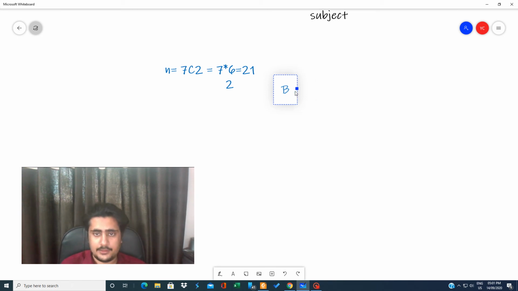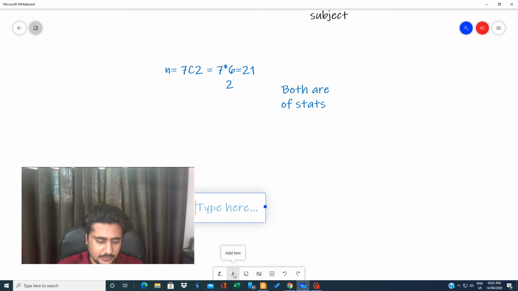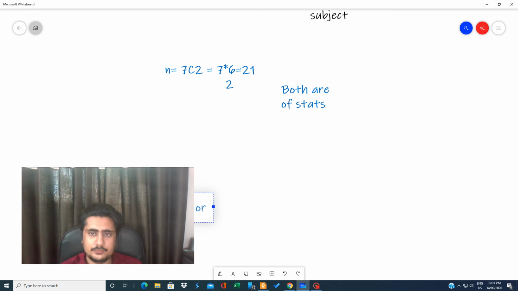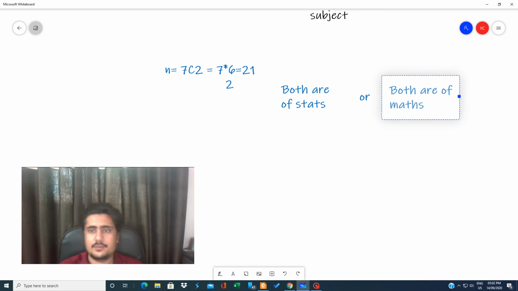Both are of stats, or both are of maths.